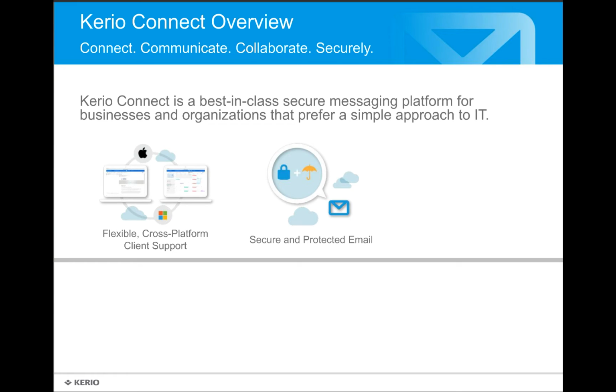Customers can alternatively use other email clients on their desktop or use a mobile application to access email and calendars. Kerio Connect will work with clients such as Apple Mail or Microsoft Outlook, and there's an easy setup tool that can set up everything that's needed for either Apple Mail or Outlook.